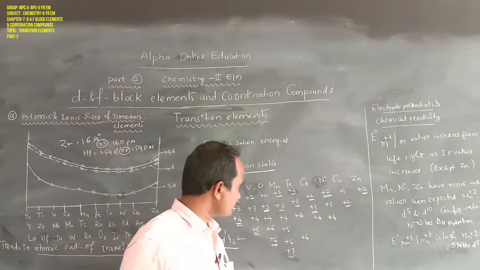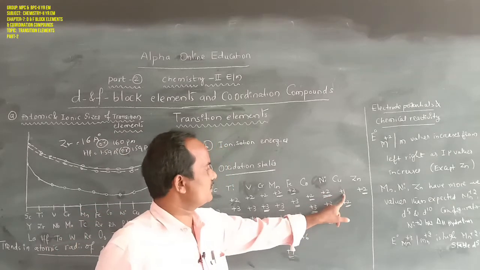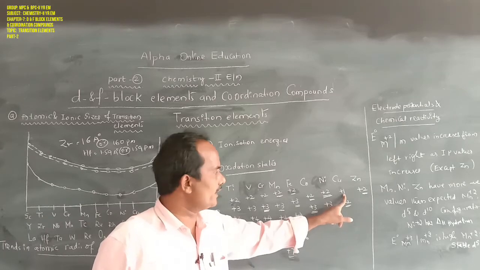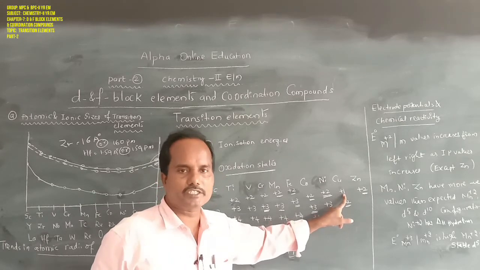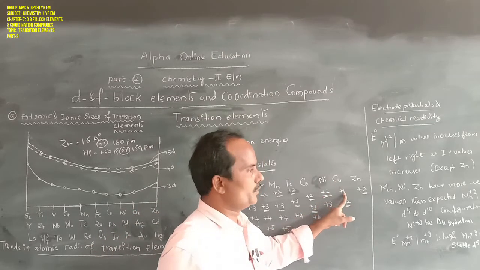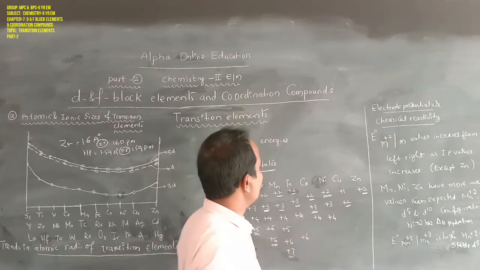Next, copper +1 compounds are very unstable, that is, they are involved in disproportionation reactions.